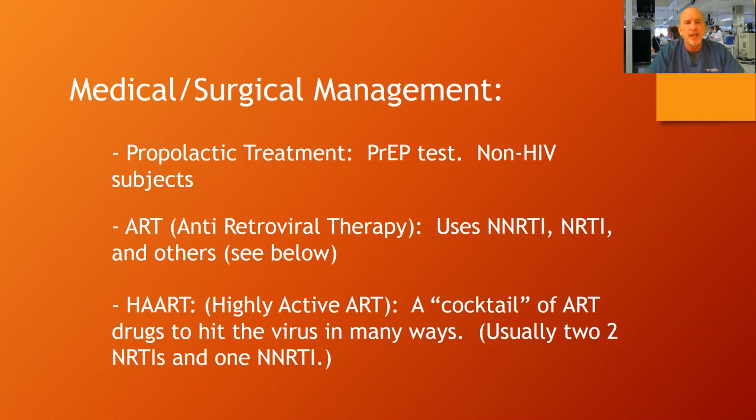And as you can see down here, antiretroviral treatment, normally called ART, when they put those drugs together into a cocktail, we call that highly active antiretroviral therapy, or HAART. If you ever hear that term thrown around, oh, he's on a HAART treatment for HIV, it just means it's a cocktail of several drugs. And usually it's two NRTIs and one NNRTI. I'm going to explain to you what those are.